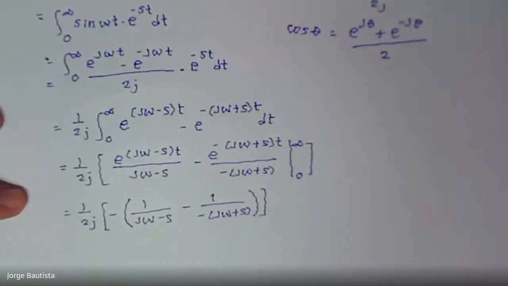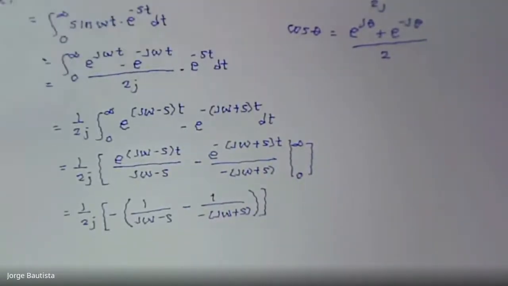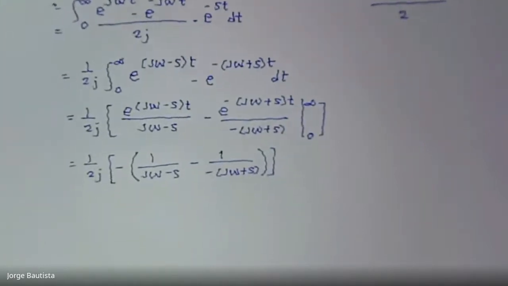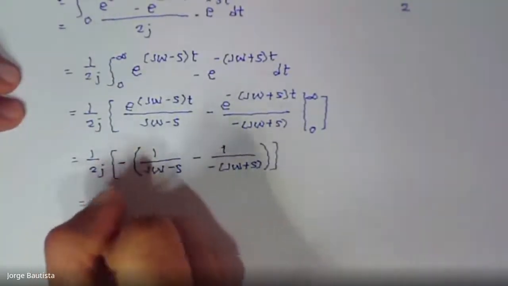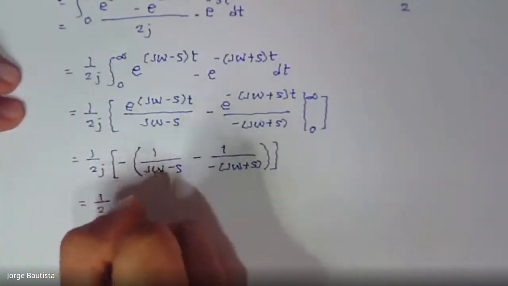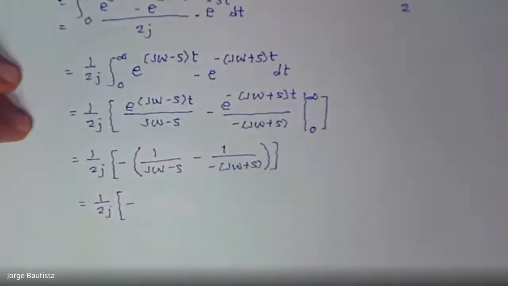Okay, kasi kung minsan, pag nakakalimutan natin lagyan ng parenthesis, namamali na. Ayan. So, tingnan natin, no? Okay, so we have 1 over 2j. So we have minus.